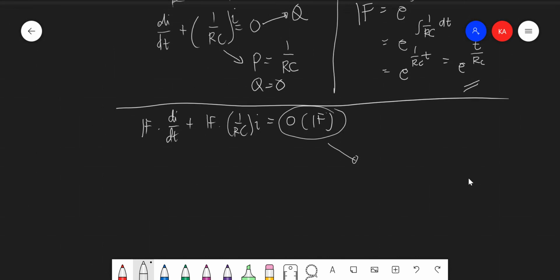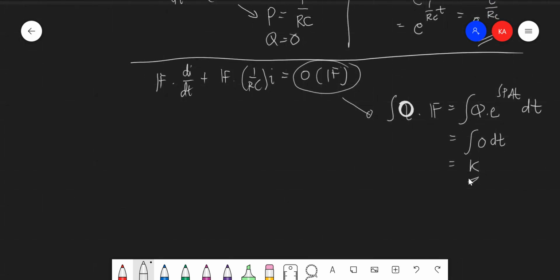If we take the integral of Q times the integrating factor, we get the integral of Q e to the integral of P dt, so it must be the integral of 0 dt. So it's k, this is the constant.